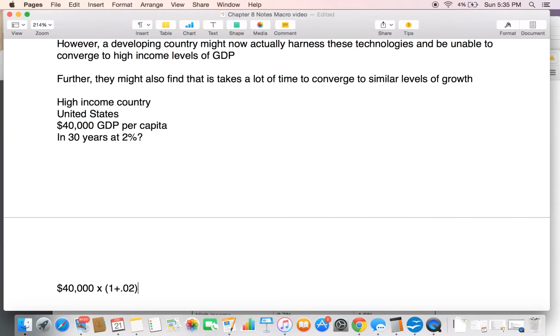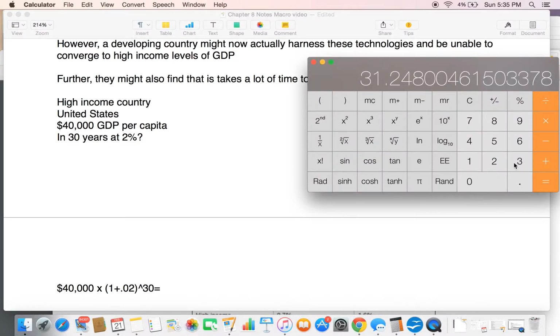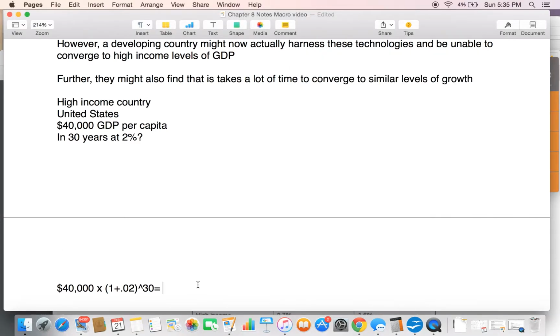Using a very moderate growth rate of 2%, in 30 years, the GDP per capita for the United States will be 1 plus 0.02 to the 30th power times 40,000. So about $72,000.